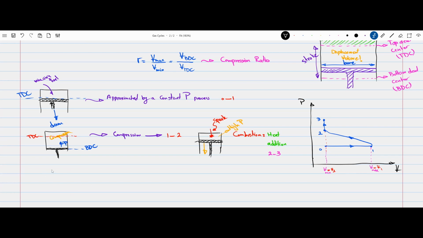So for our next stroke, we have a scenario where the piston is moving downwards due to the push by the high pressure gas. In other words, this is an expansion.